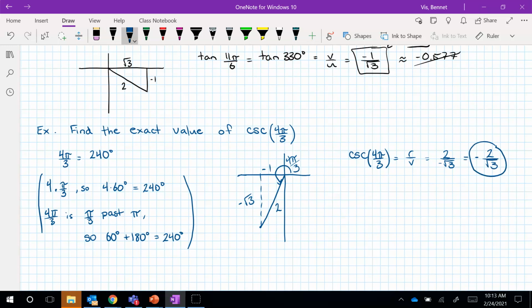And there's my final answer. Again, I don't want an approximation. I don't want you to tell me it's negative 1.14, whatever it is. Leave it as that exact answer, because that shows that visual thinking, that logical connection, the steps here.